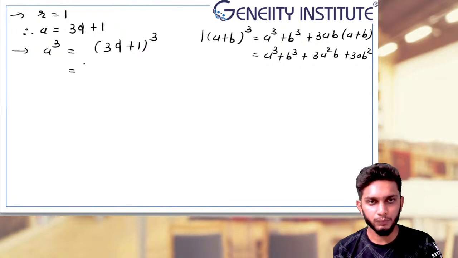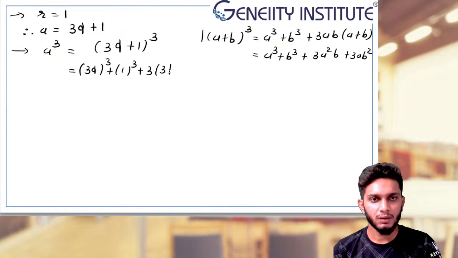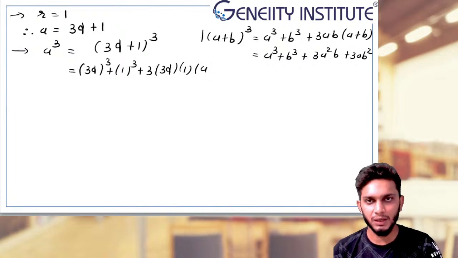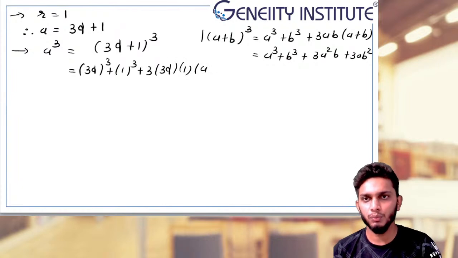We can use any one. a cube means 3q whole cube plus b cube means 1 cube plus 3 into a into b into a plus b, meaning 3q plus 1.